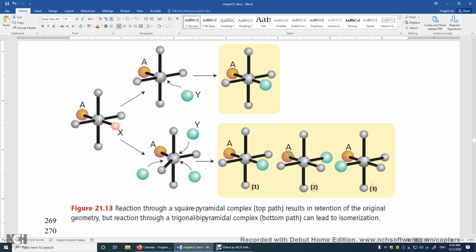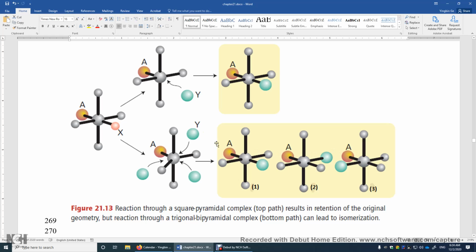If this orange sphere A has similar size as the gray spheres and also similar chemical properties as the 4 gray spheres, then you have 1/3 of trans and 2/3 of cis.